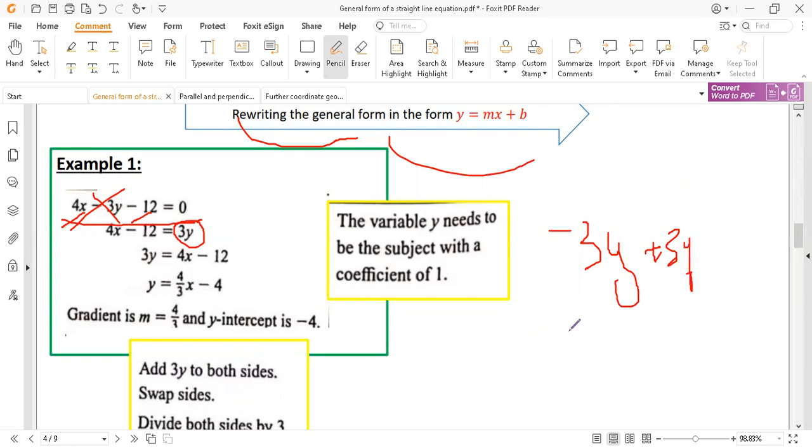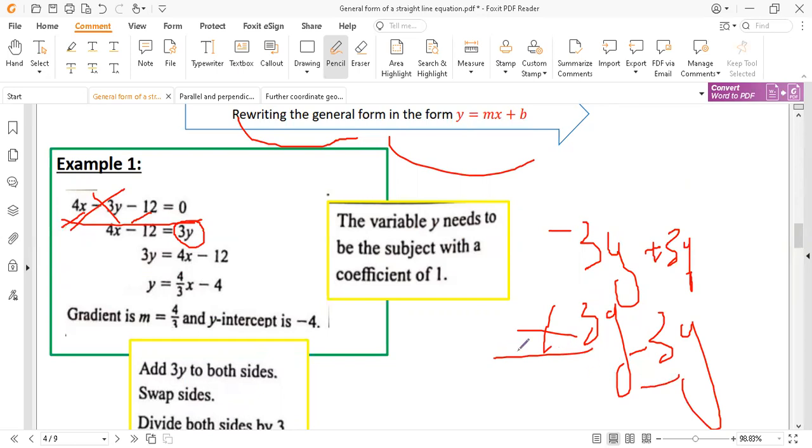If we have plus 3y, we subtract 3y, okay, to get rid of this one, because plus 3y minus 3y as like terms, we combine the coefficients, we obtain 0y, 0, okay? So normally we have a minus 3y, so we add plus 3y in both sides.